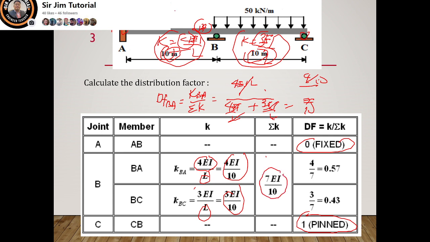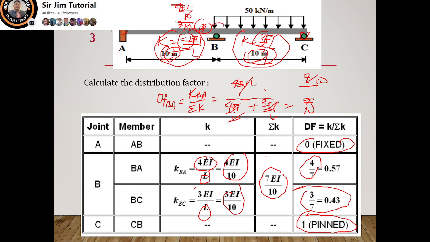That's why K here is just 4EI over 10, and then here is 7 over 10. Okay, that's why 10 will cancel out. You have this 4 over 7. So if you have 4 over 7 here at BA, the right side will be 3 over 7.